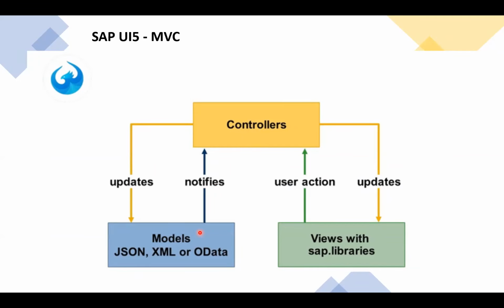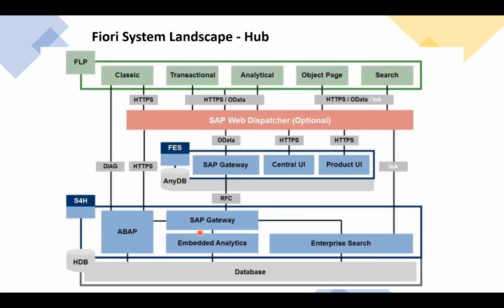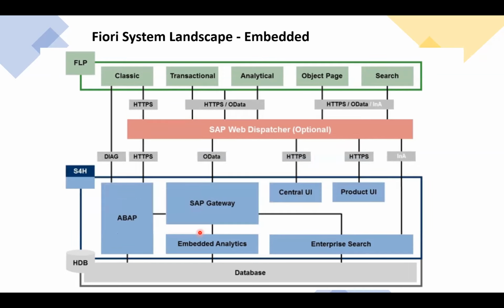And again, the MVC architecture, what kinds of application types we have, and what kinds of databases they support, etc. And this is just the backend landscape, the system landscape of the Fiori environment. What all we need to have and how they work in terms of hub environment and embedded environment. So it's just an introduction to the Fiori backend.